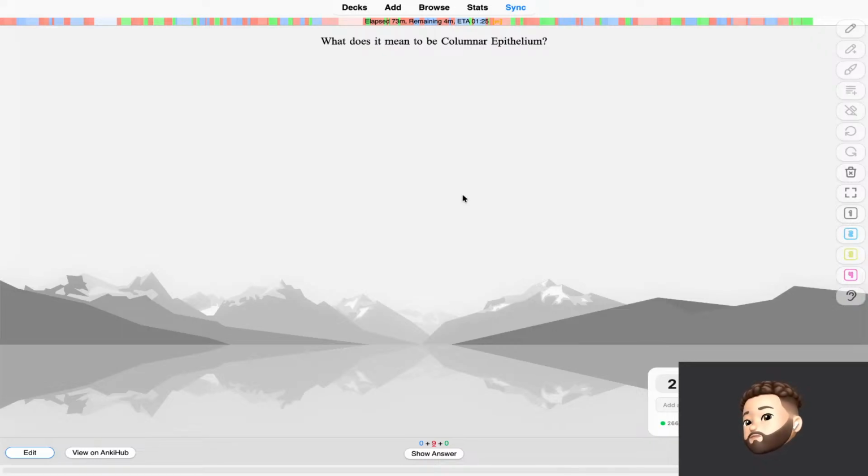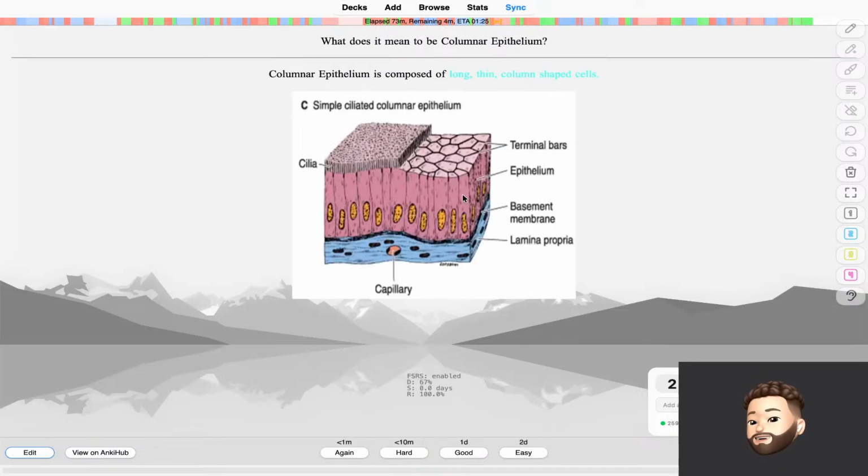It means that the cells are thin, flat, and column shaped.